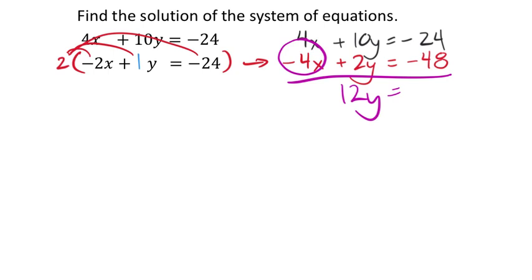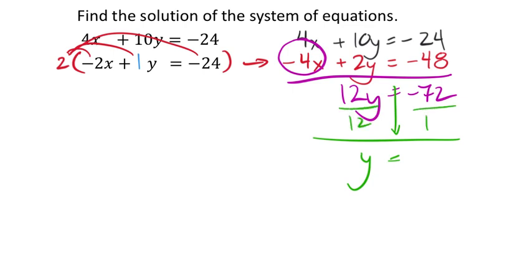And then negative 24 minus 48 would be negative 72. There we go. Now we're pretty close to having the y value, but the last thing we need to do here is make the coefficient of y a phantom 1. So we'll do that by dividing both sides by the current coefficient of y, which is 12. 12 divided by 12 is 1, that's my phantom 1. And negative 72 divided by 12 would be negative 6.